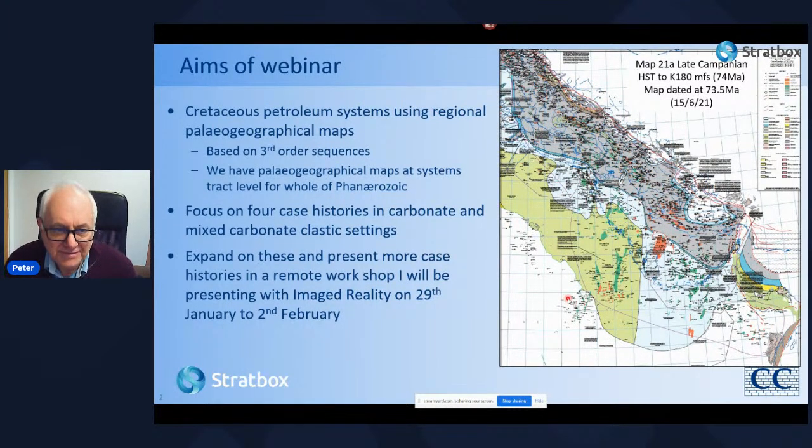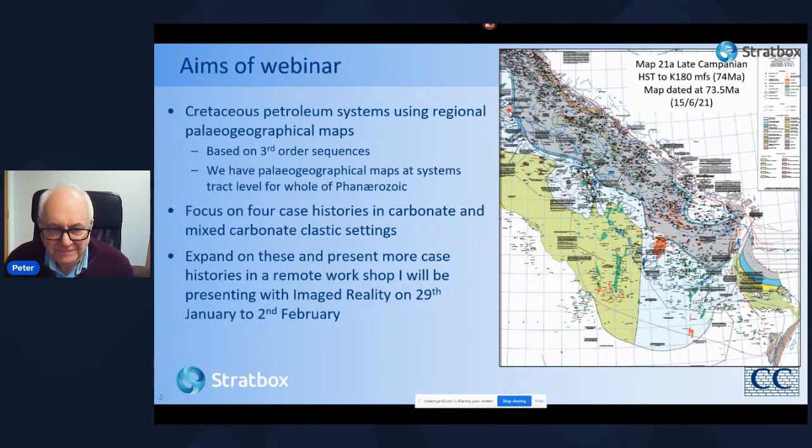These are based on third order sequences, and although I'm presenting on the Cretaceous today, we have these maps at systems tract level for the whole of the Phanerozoic. Later in the webinar I'm going to be showing you some high resolution maps, but the aim of this map is really just to show you the extent of the coverage.